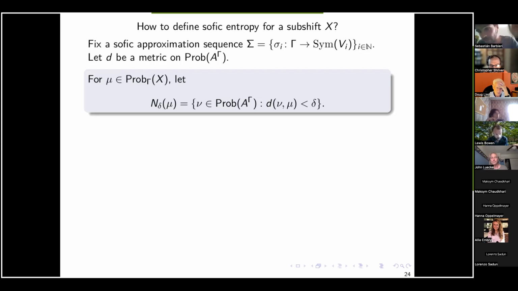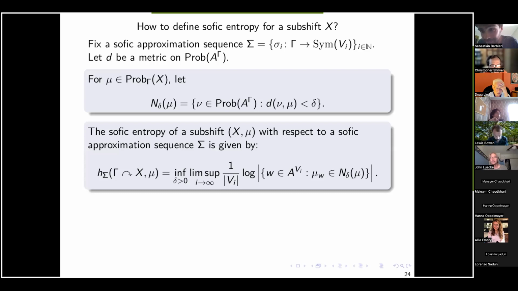Just a ball around mu. And it turns out that I can write the sofic entropy of a subshift with respect to a sofic approximation sequence in this much simpler way. I just take the infimum over delta of the lim sup of 1 over V_i of the logarithm of the number of maps from my finite model V_i to A, such that the measure induced by this W is in the delta neighborhood of the invariant measure I'm considering on my subshift.